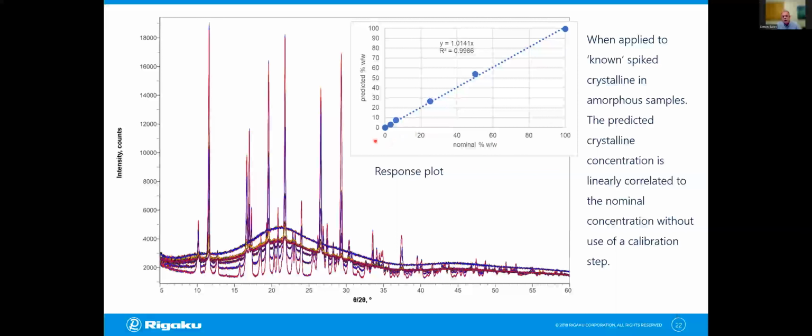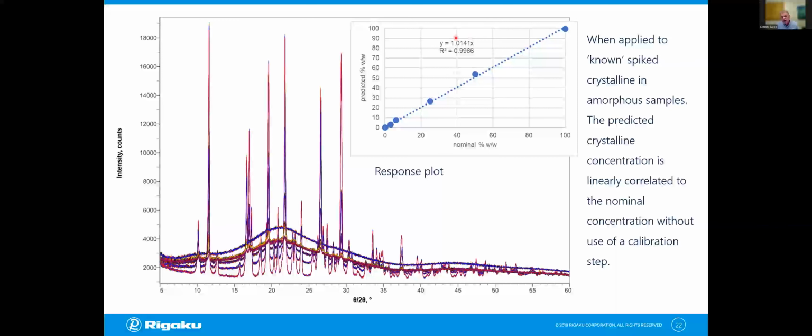Now, this methodology has a built-in reality check within it. If your component model is defined correctly, and if you've made the materials correctly, then the slope of the line should be 1, and it should pass through 0. And so it's always good in any quantitative approach to have a reality check that the model you're using to analyze the data actually makes sense, and that the numbers coming out are realistic.